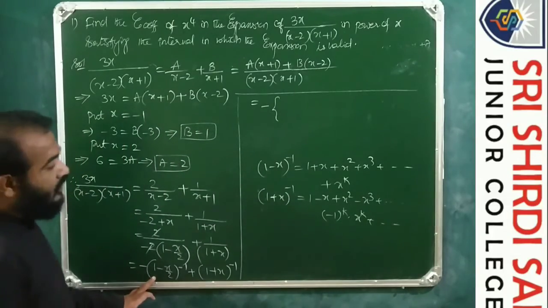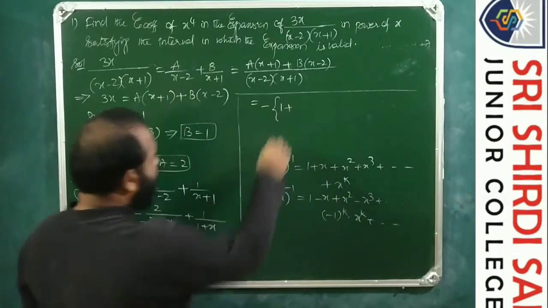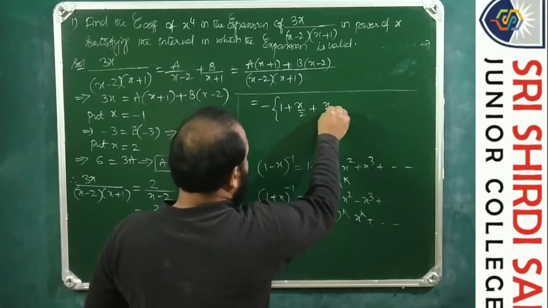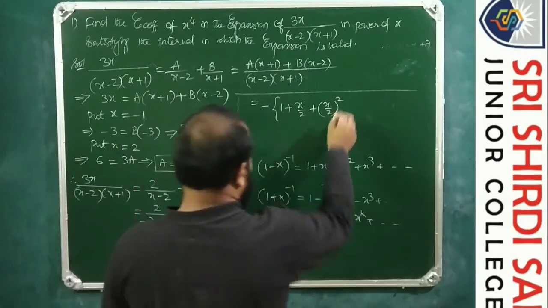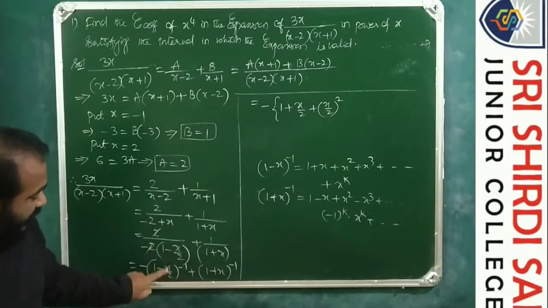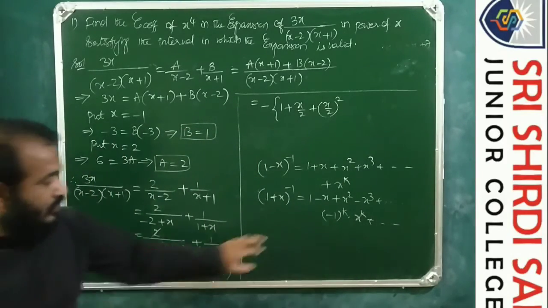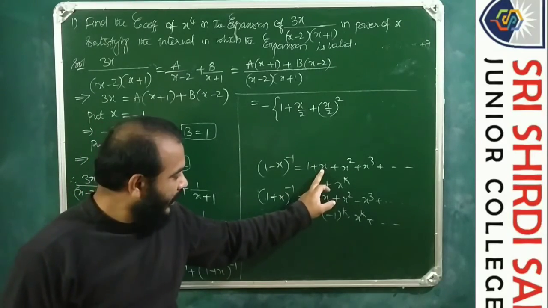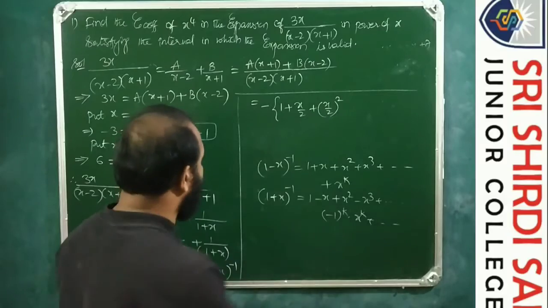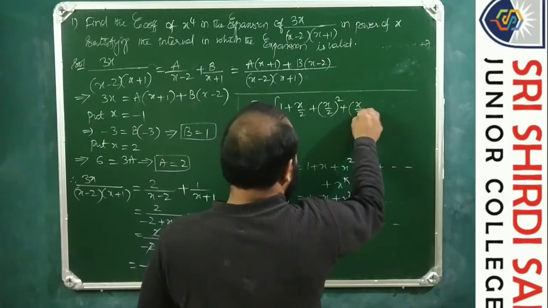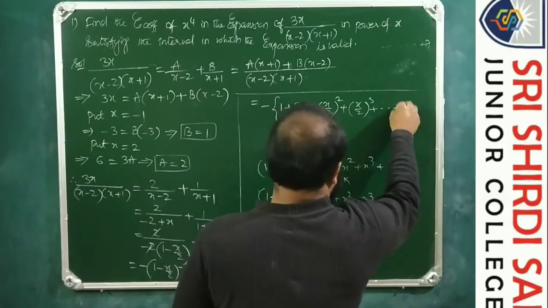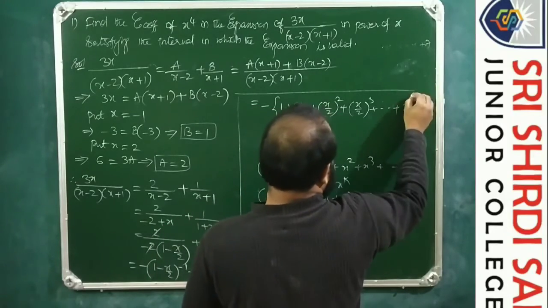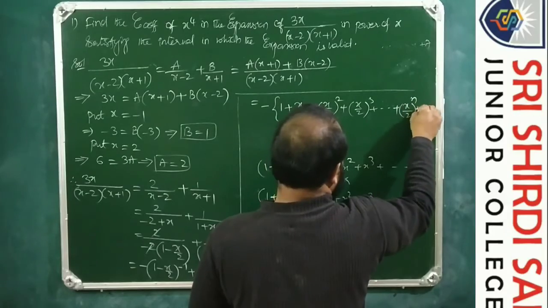So likewise here, 1 plus x by 2 plus x by 2 whole square, because in the place of x here we have x by 2. So wherever you have x here, you simply have to substitute x by 2: whole square, x by 2 whole cube and so on, plus etc., plus nth term is x by 2 whole power n plus and so on.